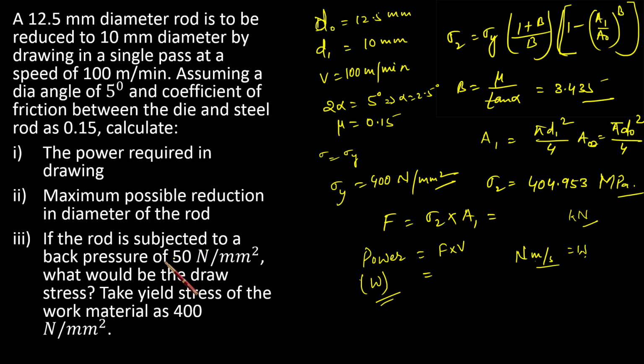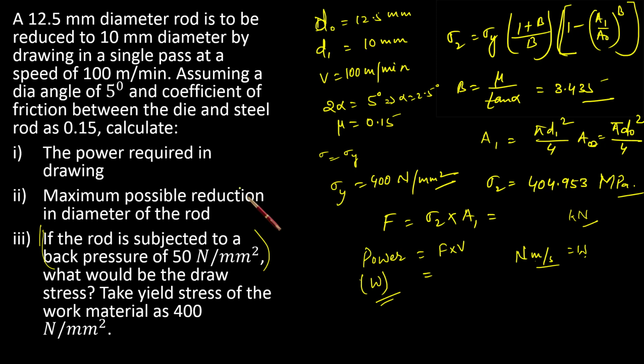Just leave this portion, I have not talked about it, because this expression will change and sigma 2 into something more will come, so that is not required right now. Just take it simple, otherwise it will go on increasing. I just want to show you how the problems will be solved.